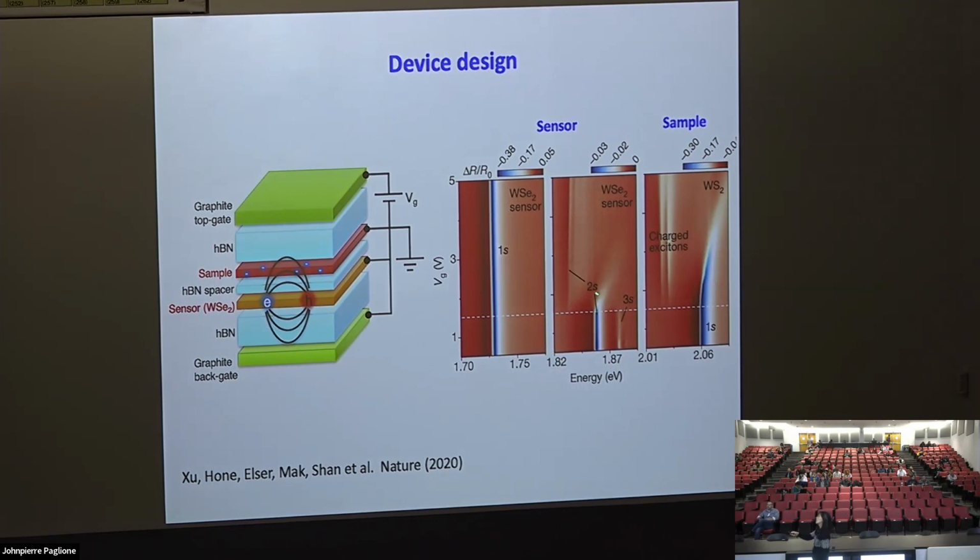But the 2s, you can still see it because the intensity is higher. You see almost the same feature as here, right? You see this redshift. This is a charged-like feature. So as soon as your sample is doped, your sensor develops this redshift. And this will be a very good indication of what's going on in the sample.